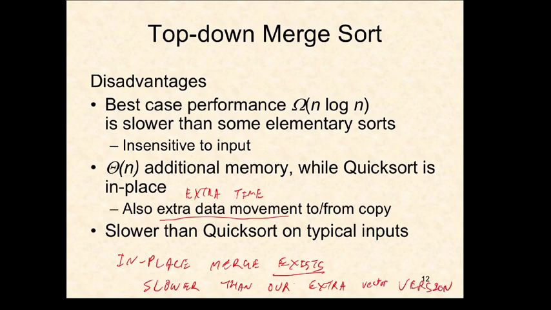So the in-place merge exists, but it's so complicated that, it's O of n, but it's O of a large constant times n, and this big constant makes it slower than our vector version.